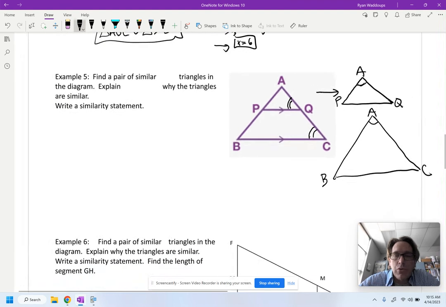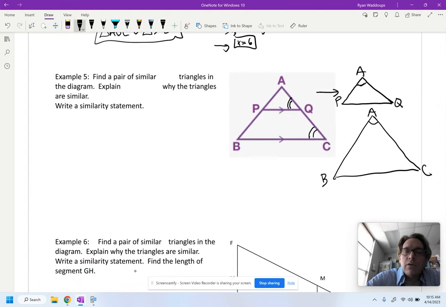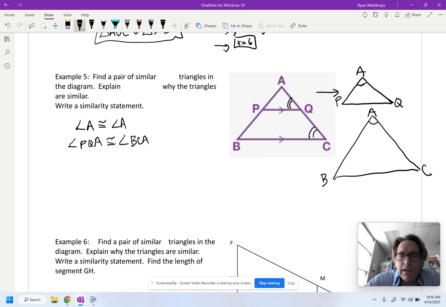So we have shown that there are two pairs of congruent angles: angle A from the one triangle is congruent to itself, angle A, and angle PQA is congruent to angle BCA because of the corresponding angles of parallel lines.